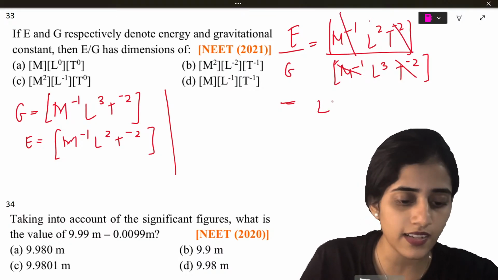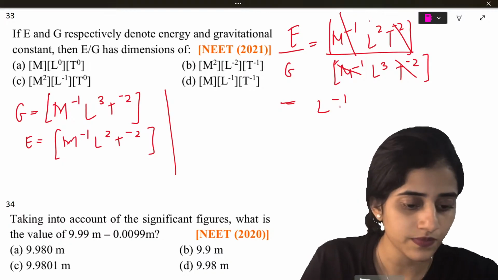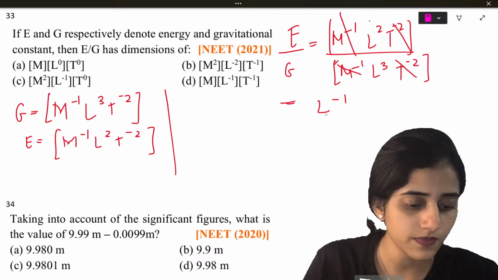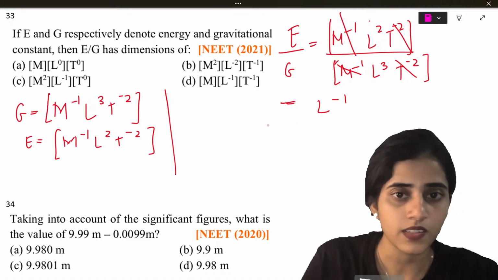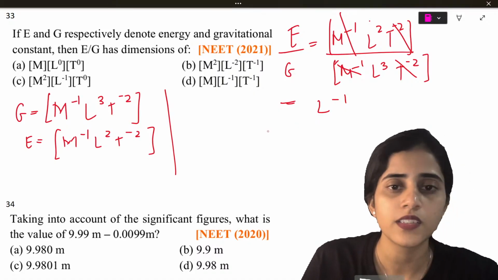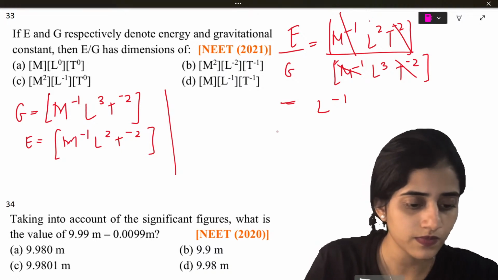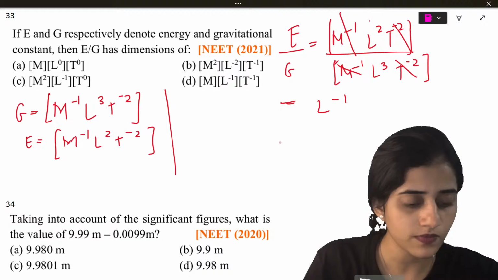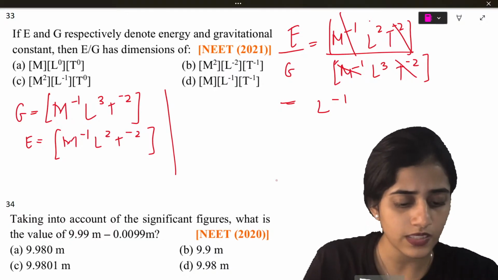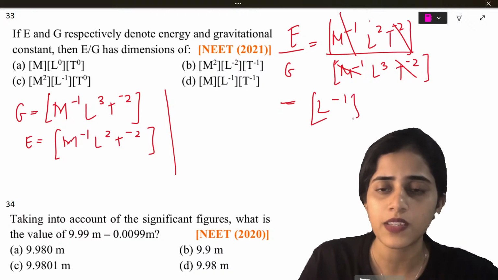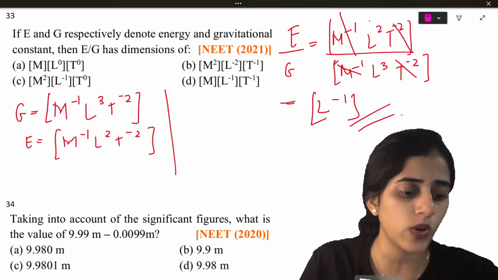What remains is L raised to minus 1. Isn't it? Do I have an option like that? L raised to minus 1. There are some typos. There's a typo in the question as well. The answer is going to be L raised to minus 1.